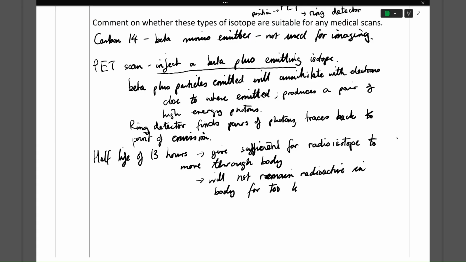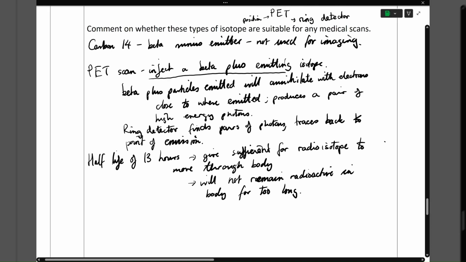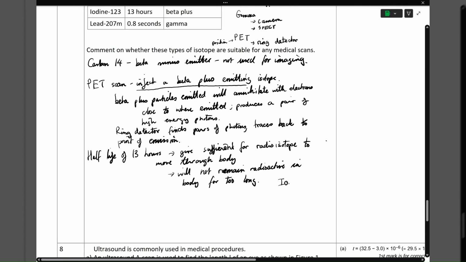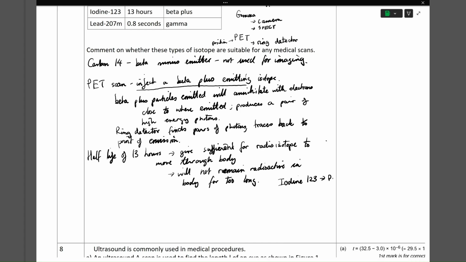So we probably just want to summarize this and say iodine 123 sounds like a good bet for positron emission tomography.